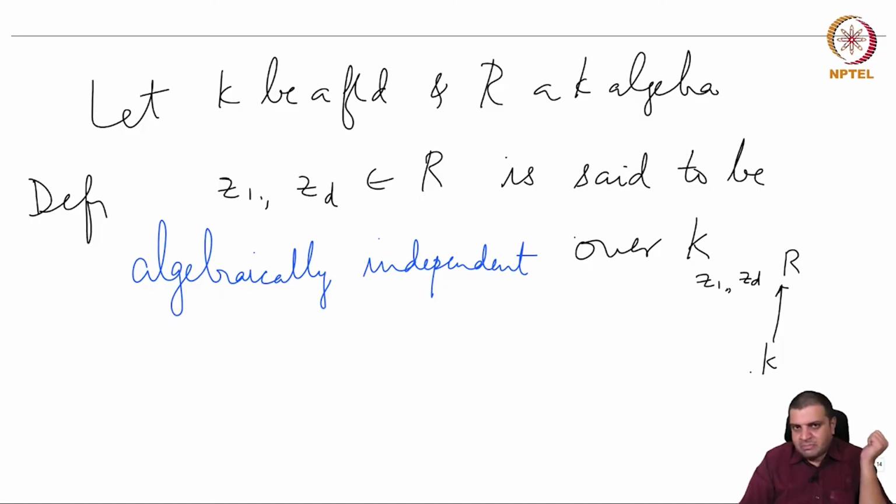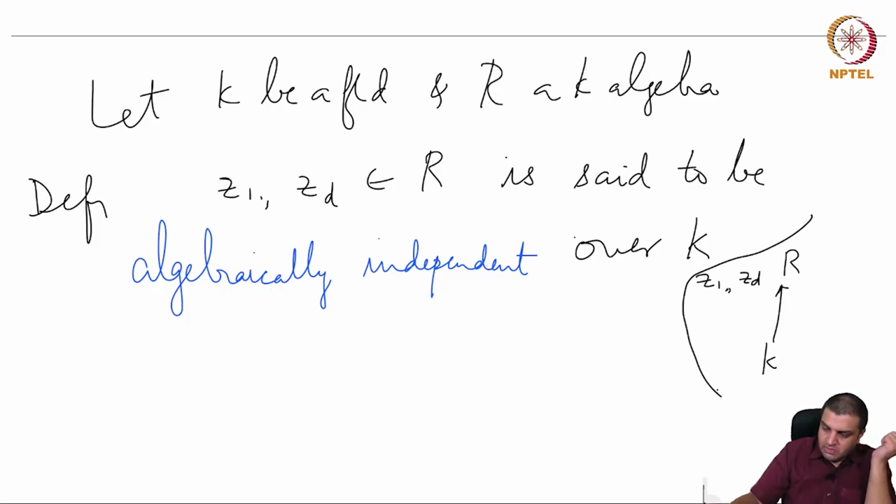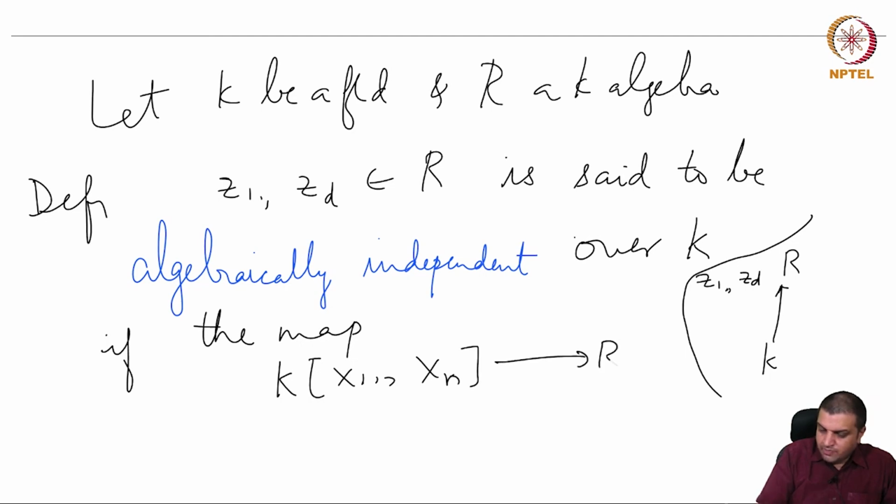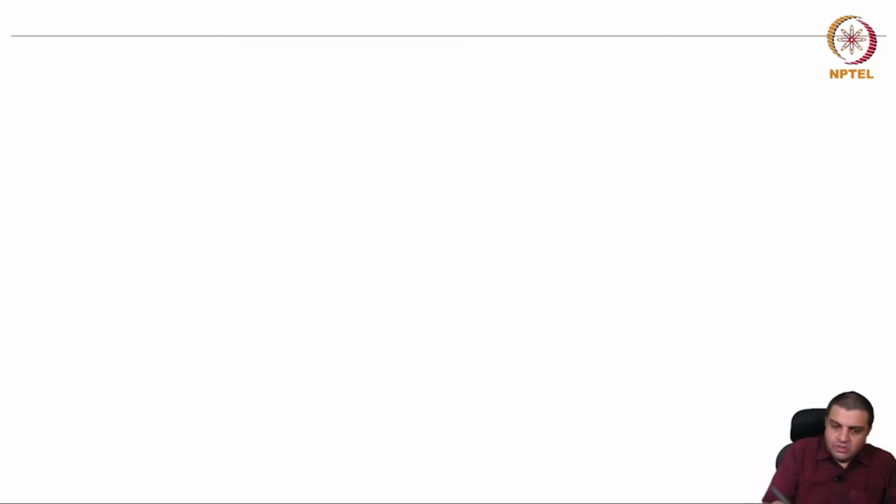So, if the map from K[x1,...,xn] to R, xi going to zi, where these are variables, is injective.